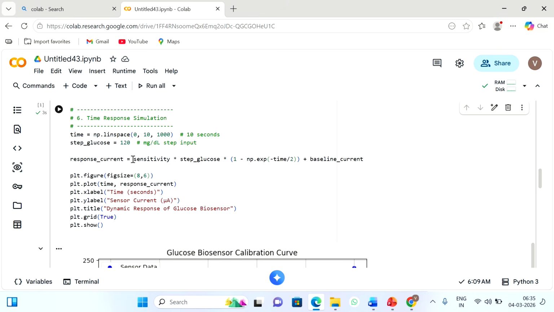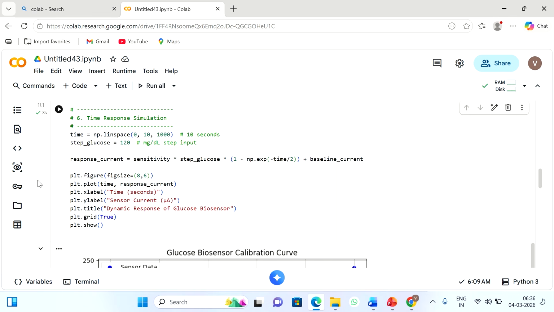Suddenly glucose becomes 120 mg/dL. The exponential sensor response: response_current is equal to sensitivity into step_glucose into (1 minus np.exp(minus time by 2)) plus baseline current. And this models the real biosensor behavior.